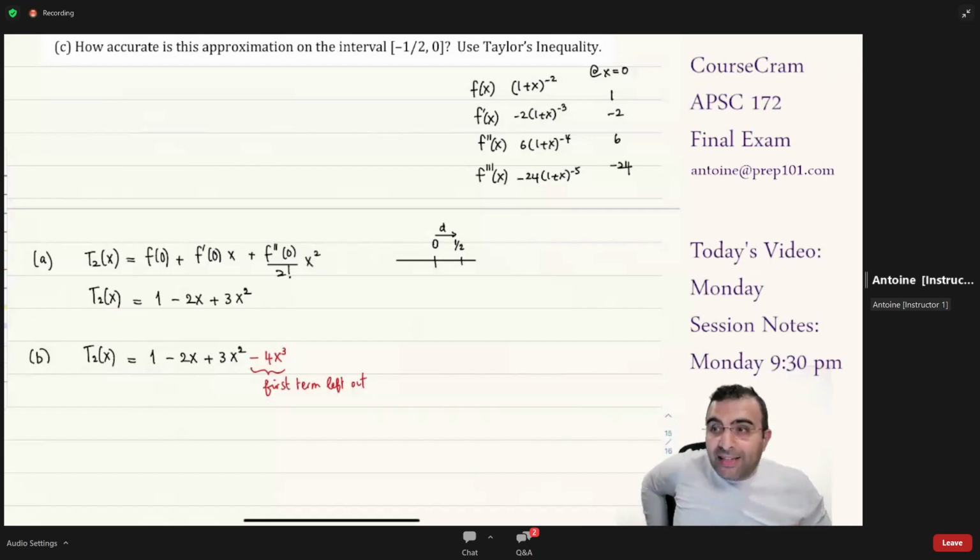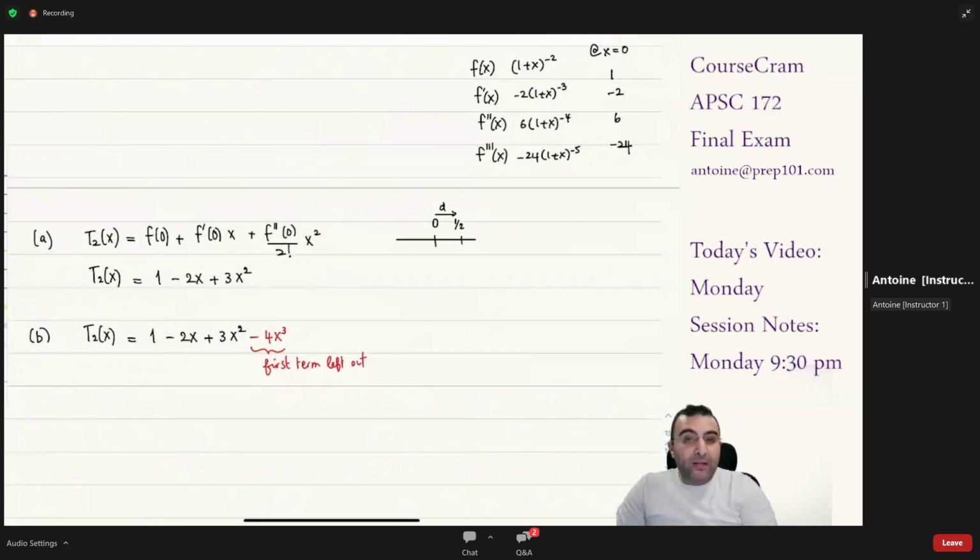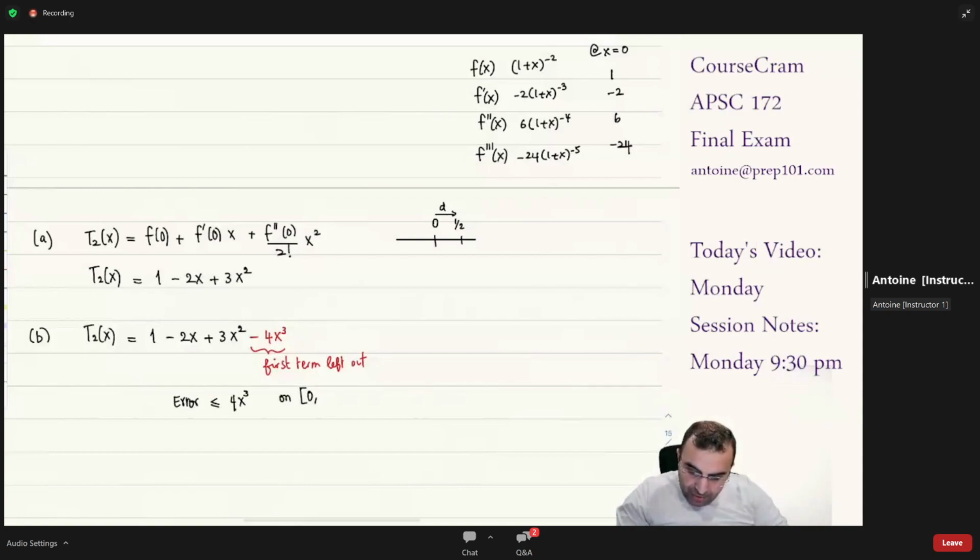To get the error, you want the maximum error. Like when we say error, we mean maximum error. So the error is going to be less than or equal to 4x cubed, but on the interval 0, 1/2. The error is less than the first term you leave out, of course, without minuses, on this interval.